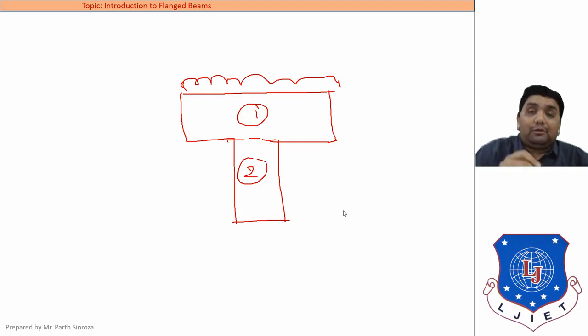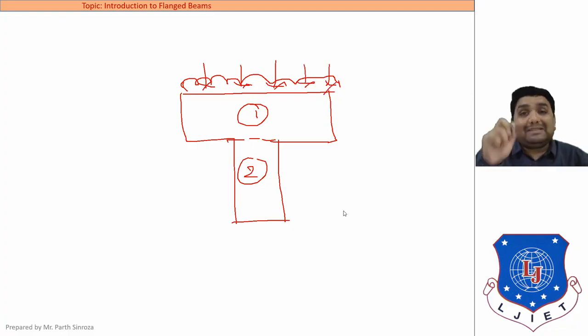So assume a UDL is applied in this form. The load is applied on the slab. In this case the load is not directly applied on the beam, it is first applied on the slab. So the load gets transferred from the top fiber of the slab to the bottom fiber of the slab, and the bottom fiber of the slab is our top fiber of the beam.